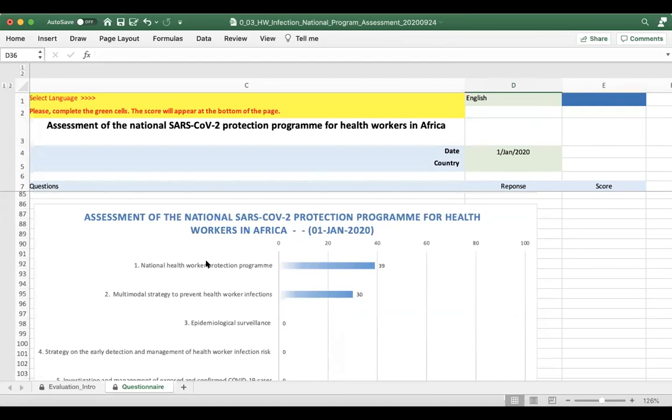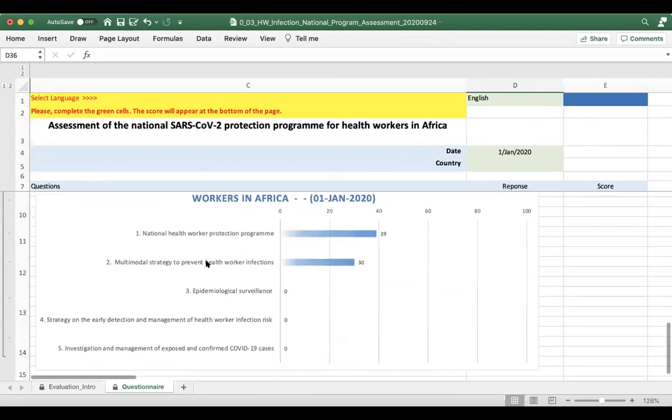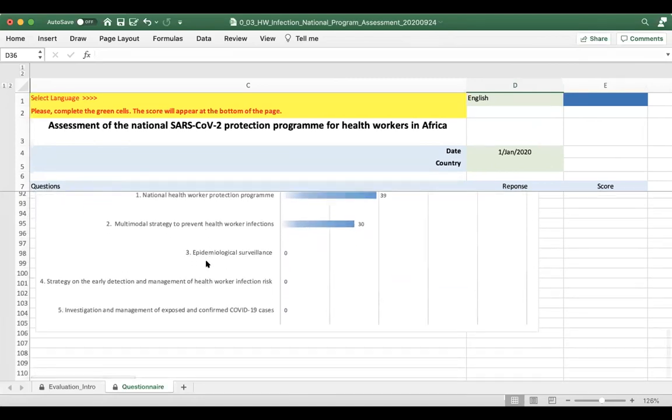Either one of these data visualizations can be used to inform your overall healthcare worker IPC protection strategy and used to inform key stakeholders both at a government level and those working alongside you in the field to further strengthen IPC programs overall in the country.